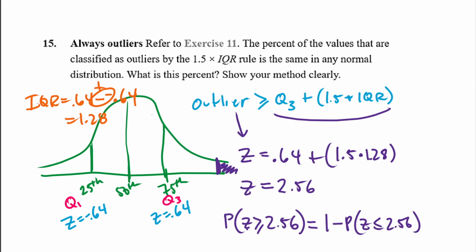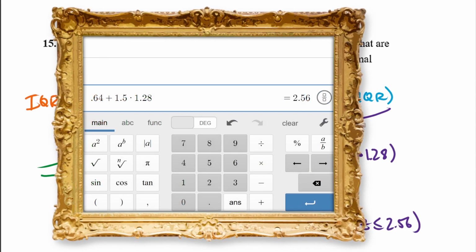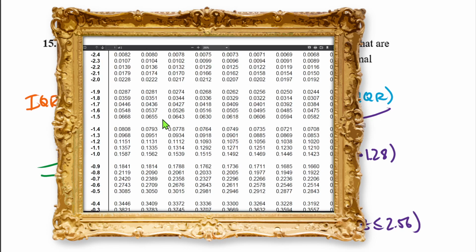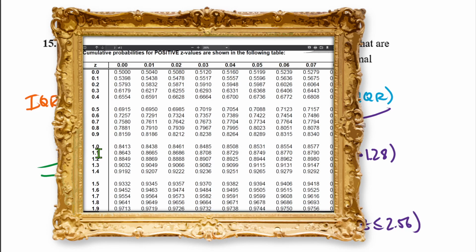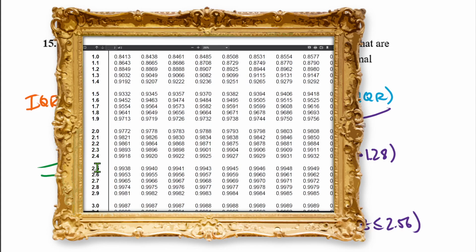So all we simply do is turn to our normal table and look for the z-score of 2.56, which would be 2.5, 50, 51, 52, 53, 54, 56. There you go, 0.9946.